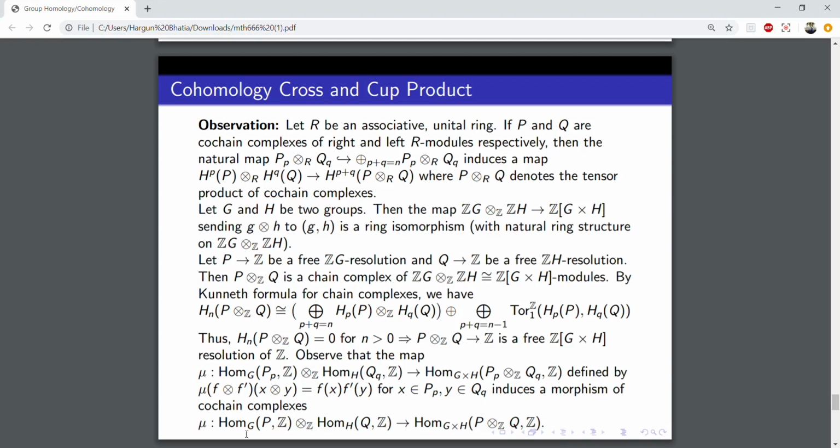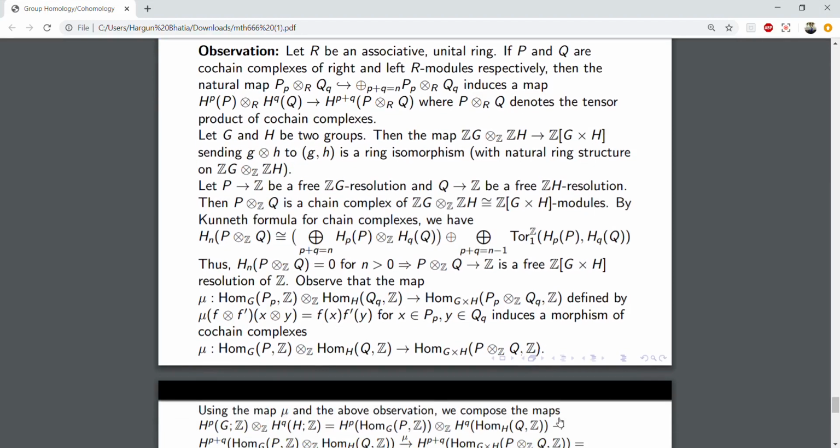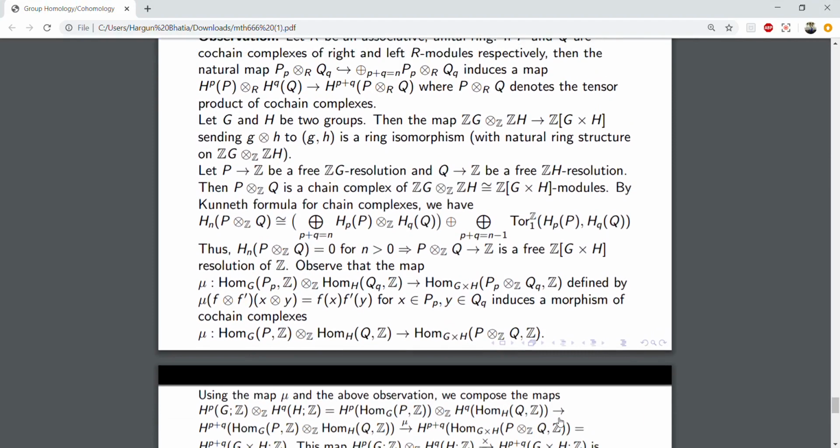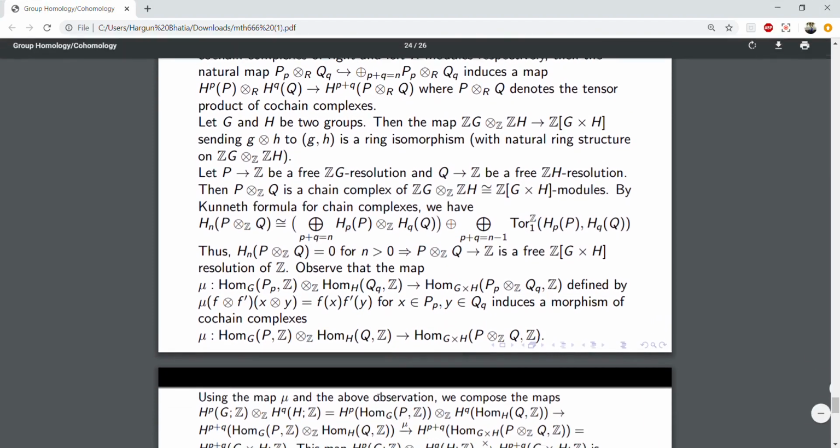Now you have to check that this is a map of abelian groups, and this map induces a map between this cochain complex Hom_G(P, Z) tensored with this cochain complex Hom_H(Q, Z), and Hom_{G×H}(P tensor Q, Z). This is a chain complex, but when you apply the Hom you get a cochain complex. So you have to check that this map induces a map between these cochain complexes. Now let's use this map and the above observation to get some new maps.